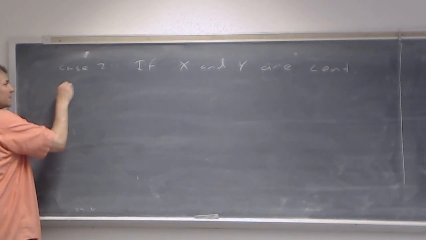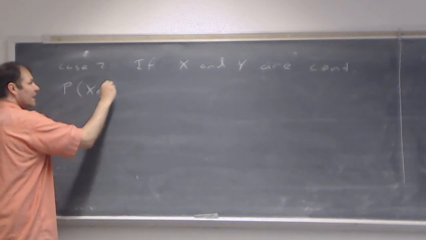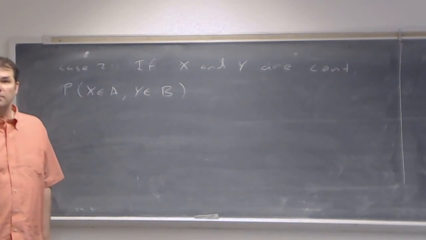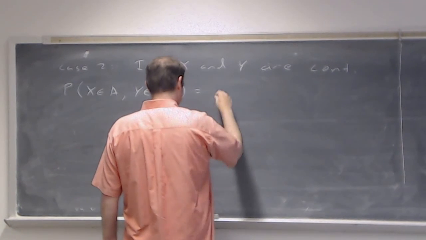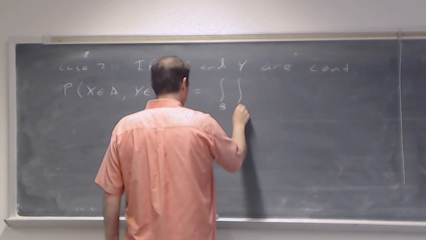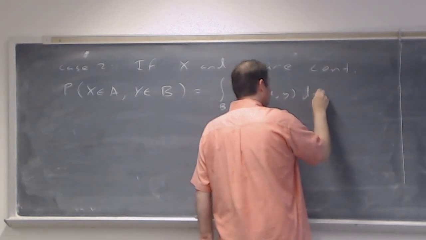Then here, the probability that x is an element of A and y is an element of B. So I'm using that first definition to try to prove independence. That's going to be equal to the integral over B, integral over A, of f of x, y, dx dy.